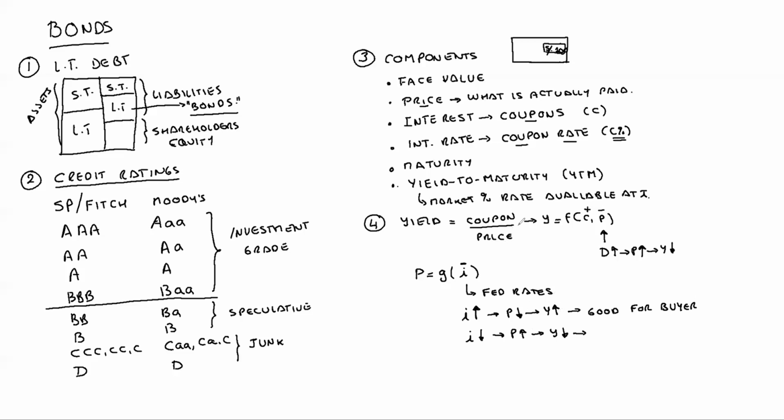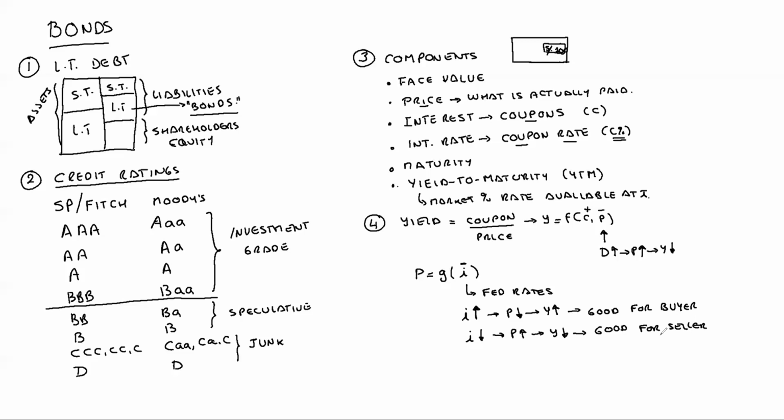And if price goes up, this is good for the seller, do you agree? So if you have a bond, it's time to sell. Well, I'm exaggerating, but you have more incentives to sell. Makes sense?